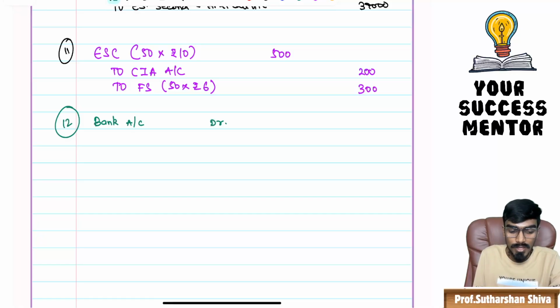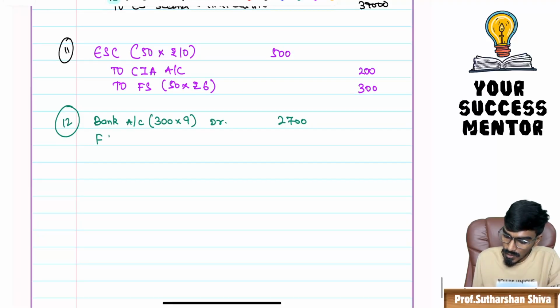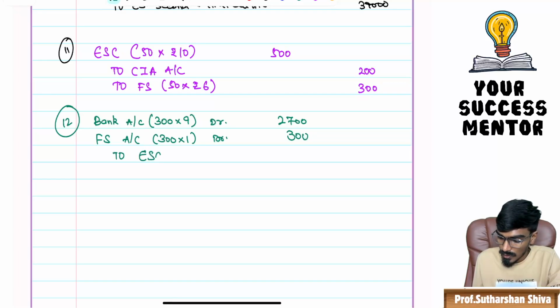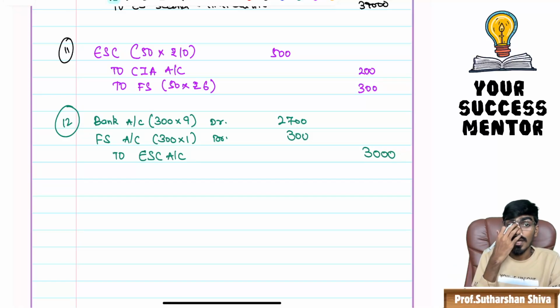With what value? 300 into 9, 2700. What is the forfeited shares? 1 rupee is a loss, which is going to be 300. Equity share capital 3000. Correct.